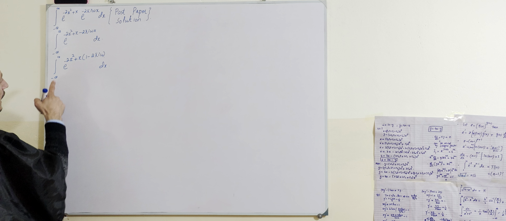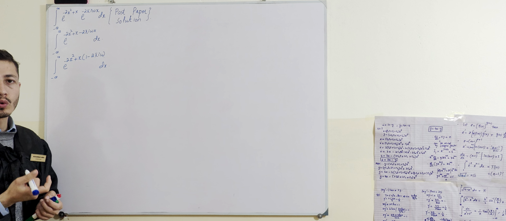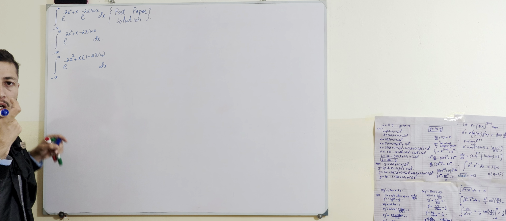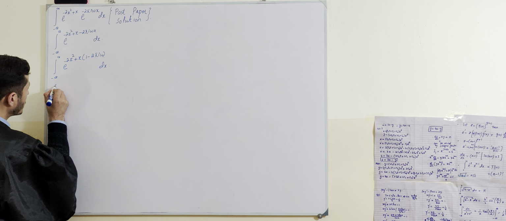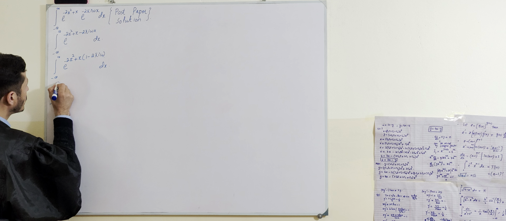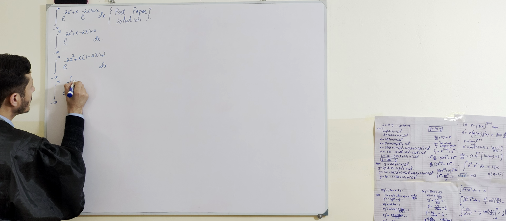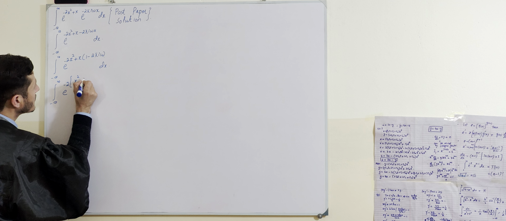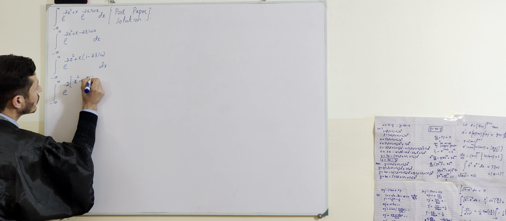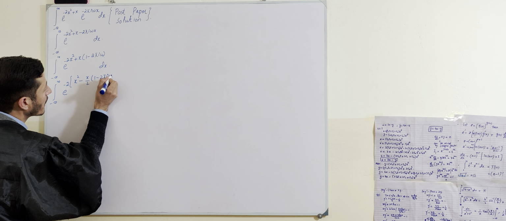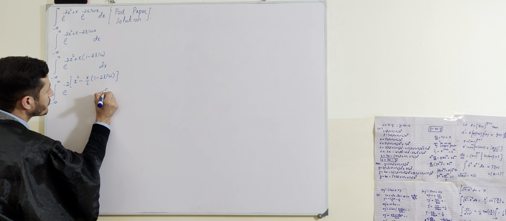Okay, I can take the minus 2 common to write this whole power in the form of a complete square. So it becomes e^(-2 (x² - x/2 · (1 - 2πiω))) dx.